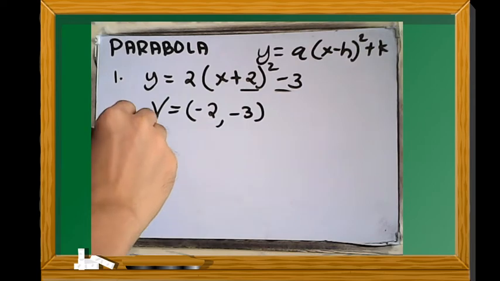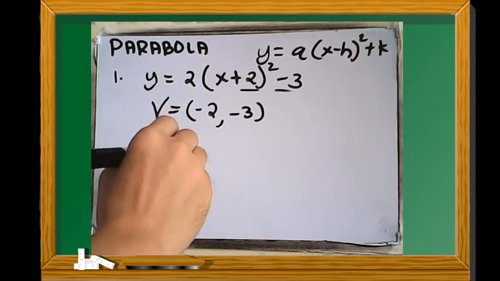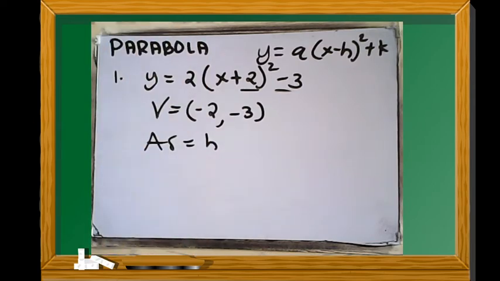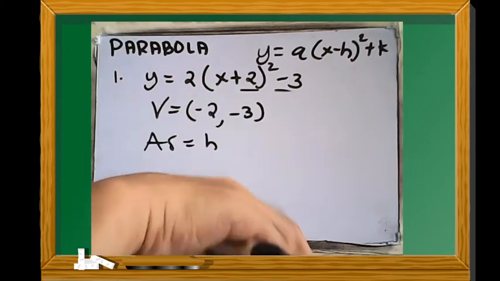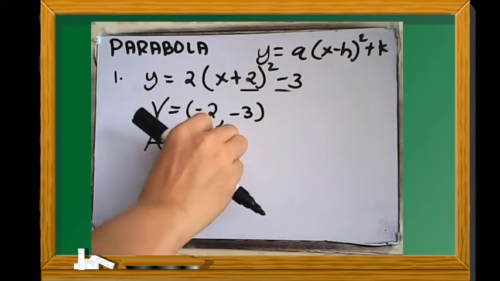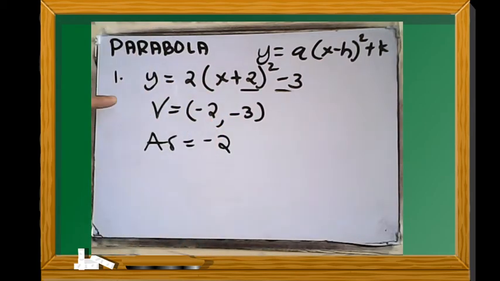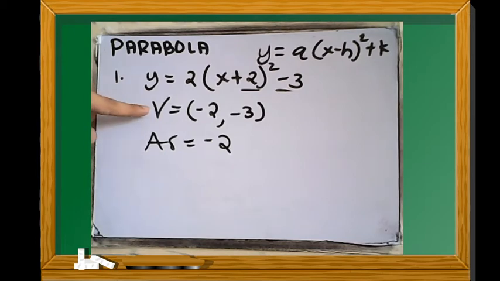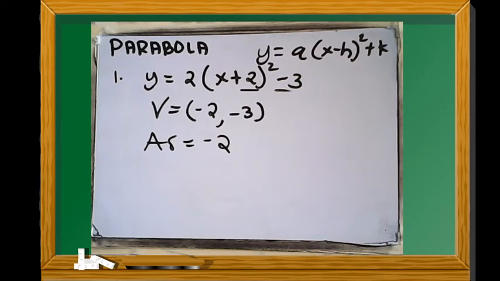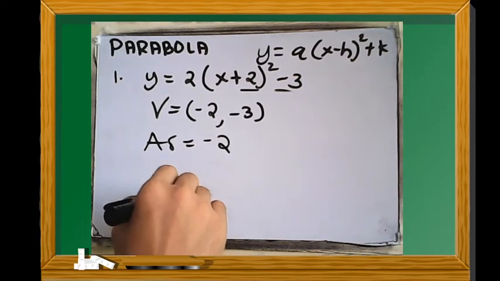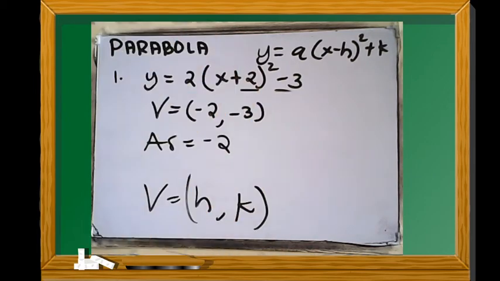Next, axis of symmetry. So sabi natin kanina, that is the value of h. So here our h is negative 2. So axis of symmetry is negative 2. So we're done with the vertex and the axis of symmetry. Again, the vertex is equal to h and k.